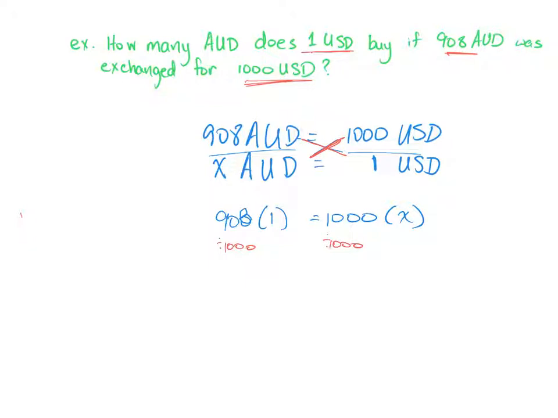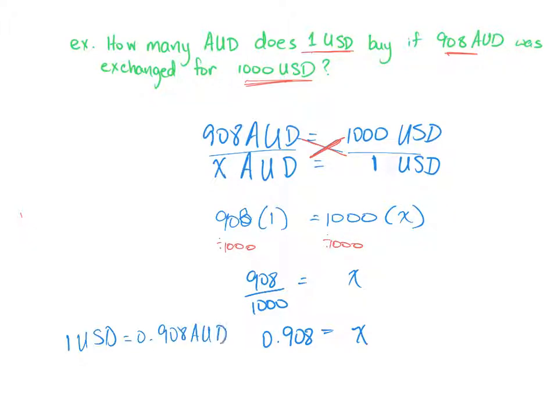Okay, there we go. And we get that X is equal to 908 over 1,000. And so all in all, when we do 908 over 1,000, we get 0.908. So our exchange rate then becomes 1 US dollar is equal to 0.908 AUD. And that's our answer.